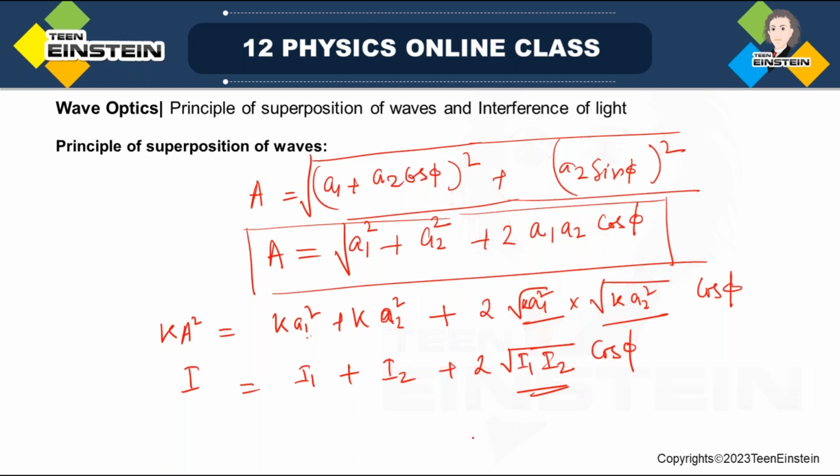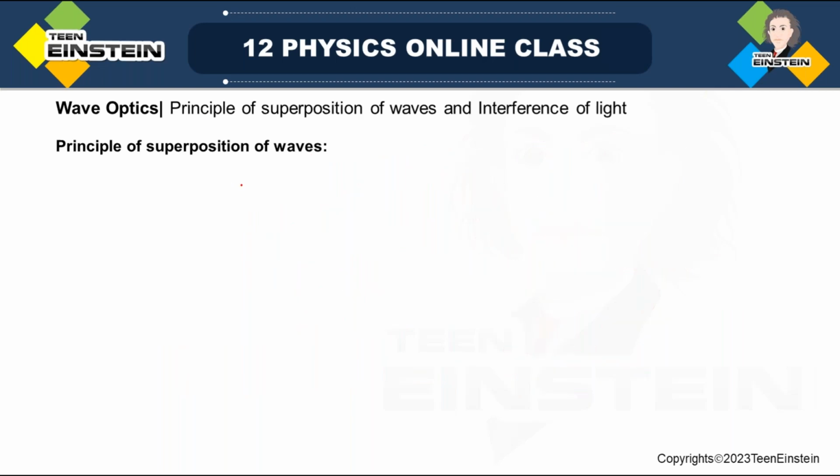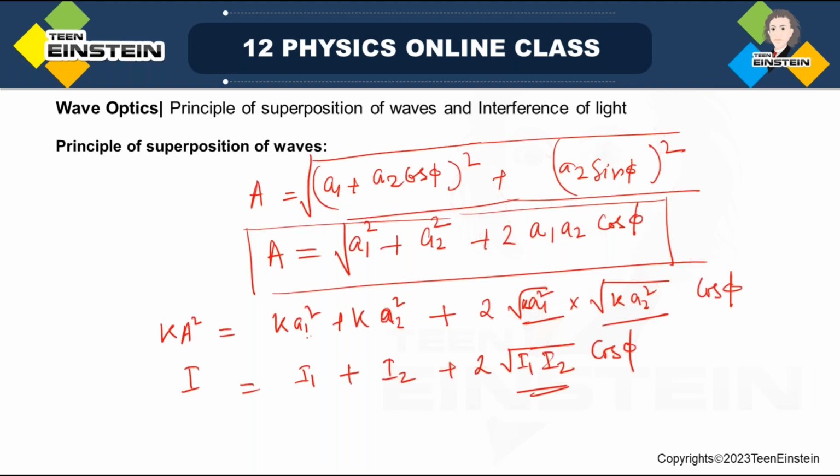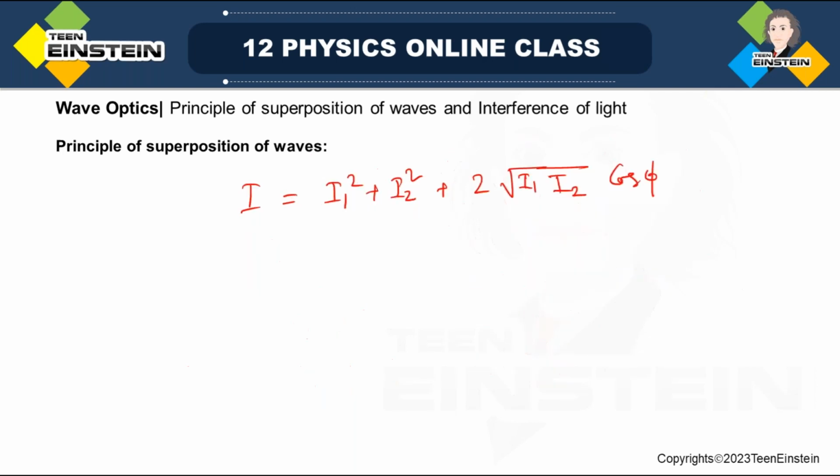So after superposition, what is the intensity of the light at the position of superposition? That is given by I1 plus I2 plus 2 square root of I1 I2 cos phi. This particular term, where I1 and I2 both are there as a multiplication, is giving you the interference.